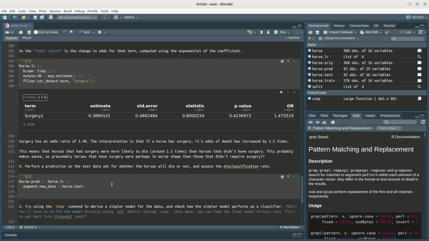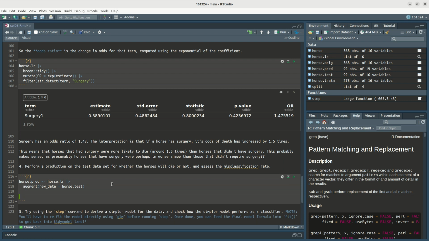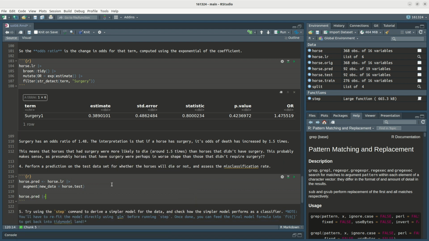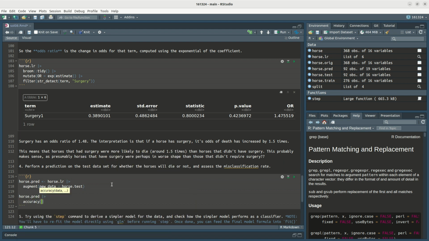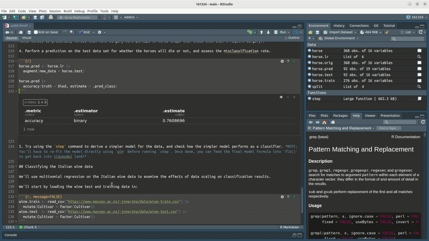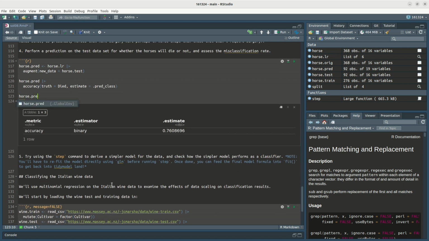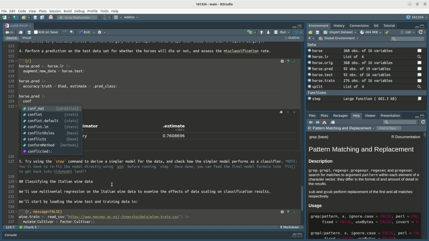And then we could have a look at the accuracy. The truth would be whether they died, and the estimate would be our predicted class. We're getting 76% of them right, and we could also have a look at the confusion matrix.